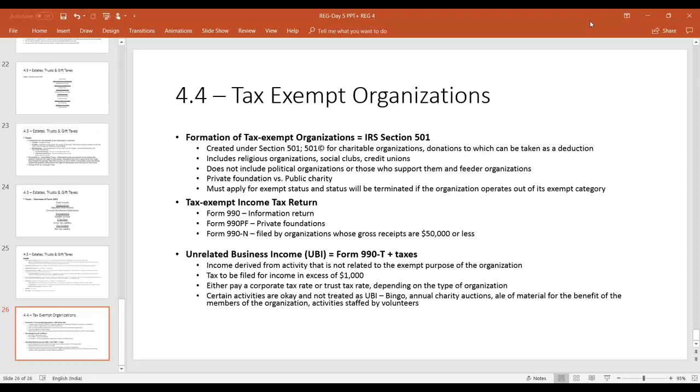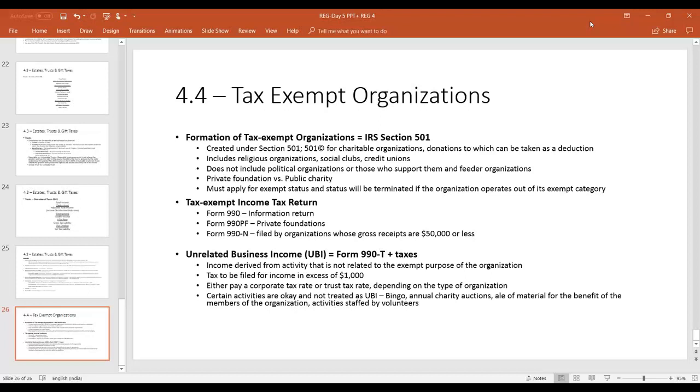Feeder organizations are basically those who earn through non-exempt means, but then donate everything to charity, and then they try to claim the tax exempt status. That is basically not allowed, and you lose your tax exempt status.